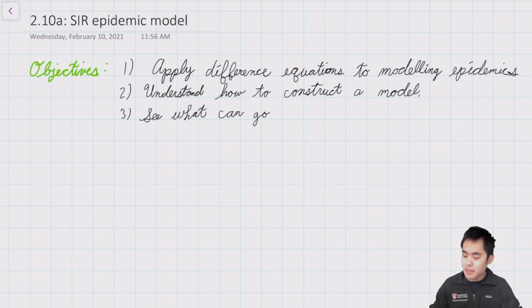As I mentioned at the very beginning of class, all models are wrong, some are useful. What can go wrong with modeling?